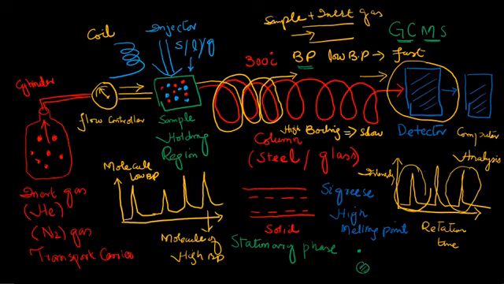Now if these two molecules have the same boiling point, we can still detect in the detector what type of molecules these are, because the molecule with a smaller atomic weight will move faster than the molecule with a higher atomic weight. So even on the basis of atomic weight or atomic mass, we can detect the presence of different kinds of molecules in a complex compound.